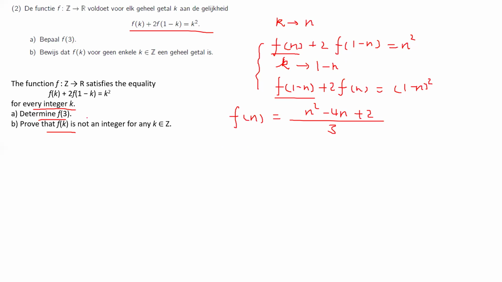So the first question is very easy. F(3) is, we put 3 in, and we have minus 1 over 3. Just replace n with 3.